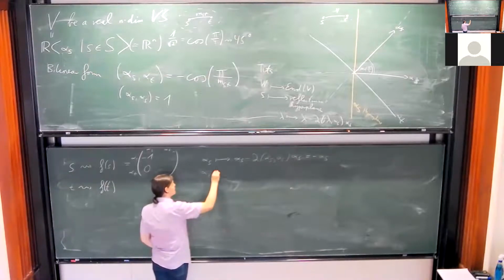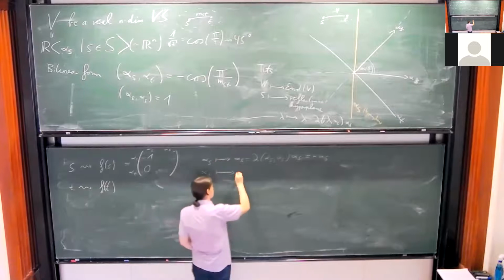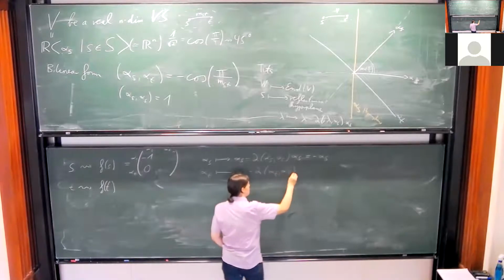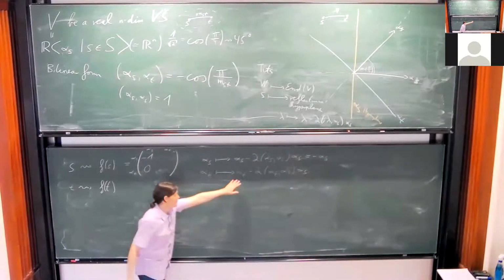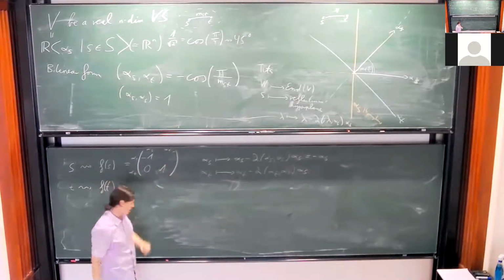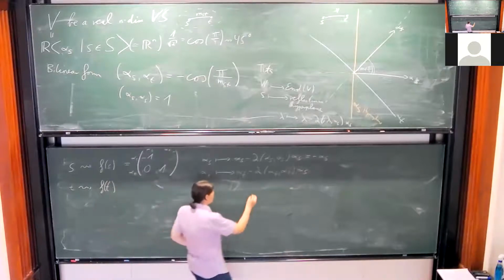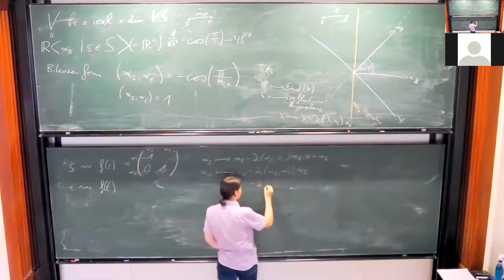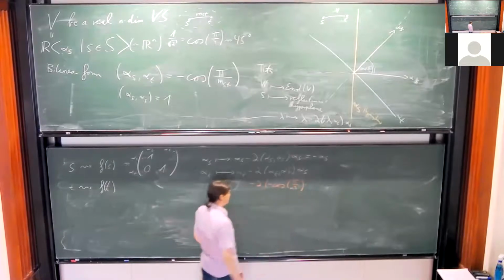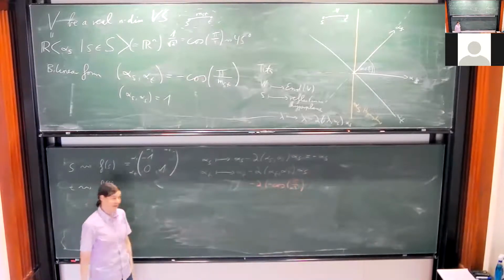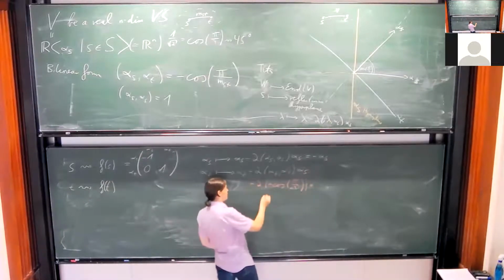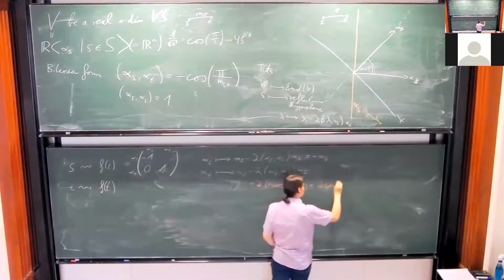Alpha T goes to, using the same formula, alpha T and some multiple of alpha S. So you certainly get alpha T, and some multiple of alpha S. And what is this multiple? Well, this is minus 2 times minus cosine pi over 4. Well, this isn't as complicated as it looks like. It's actually pretty easy. This is minus and minus, I don't care. So it is 2 times cosine pi over 4.